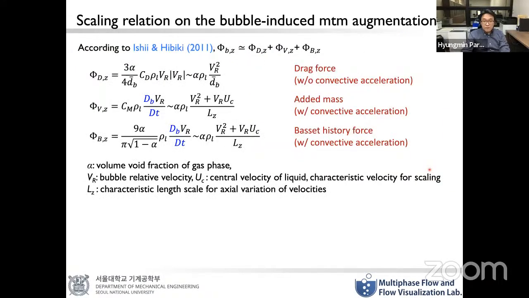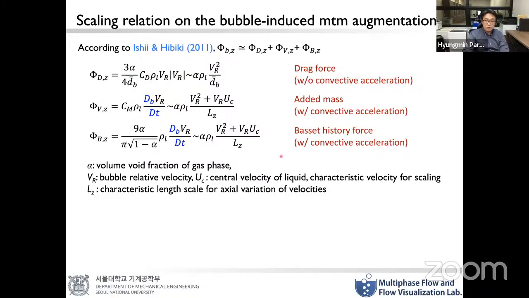There are a lot of different forces, but we decided that the drag force, added mass, and the history force are the most dominant terms for our bubble plume problem. Their typical formulations are shown here, and we also applied the same scaling analysis to each force term.